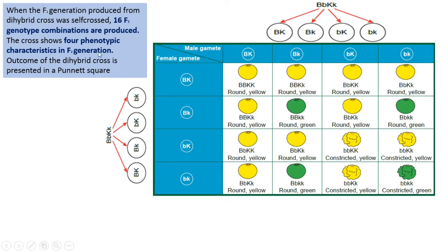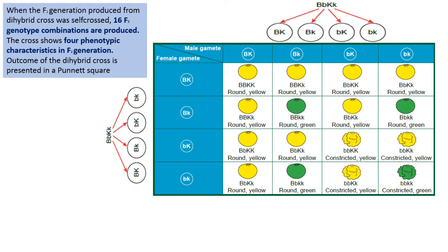So when the F1 generation produced from the dihybrid cross was self crossed, we get 16 F2 genotypes. So it's 16, that means 16 here. There are 16 combinations produced from 4 types of gamete crossed with 4 types of gamete.